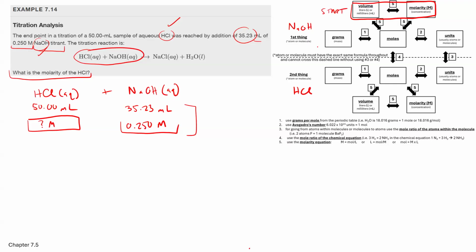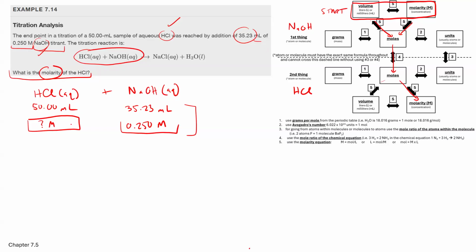We're going to go to moles of, draw 2 arrows, moles of sodium hydroxide. Then we're going to cross arrow 4. We need the mole ratio because then we're going to have the moles of hydrochloric acid. And then the end game is molarity of hydrochloric acid.